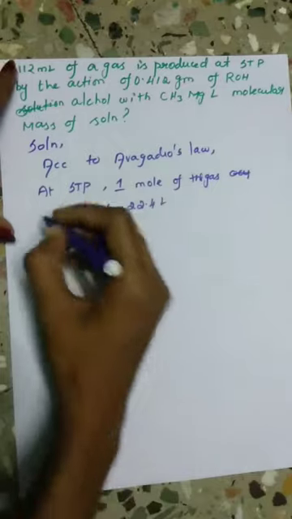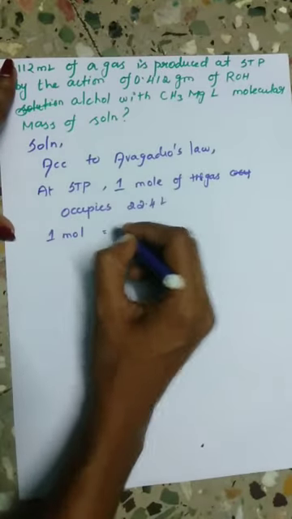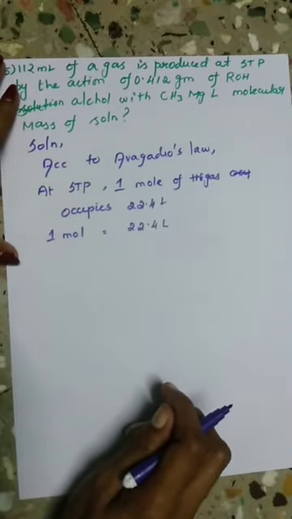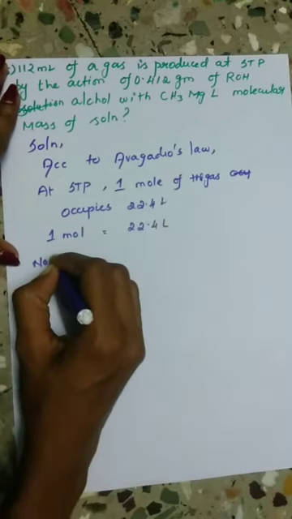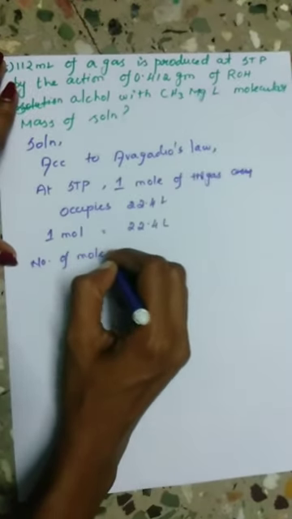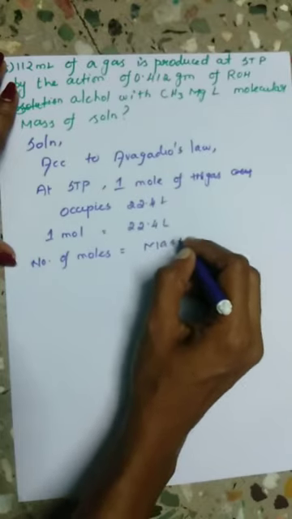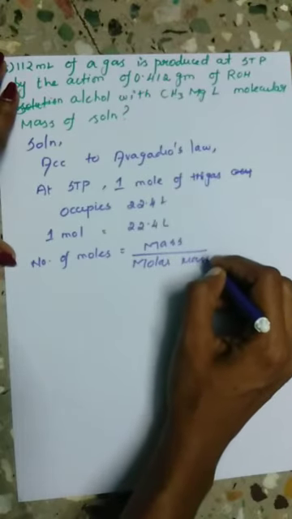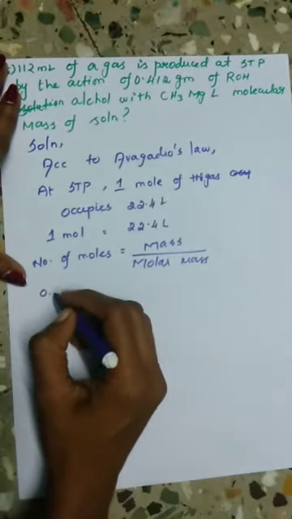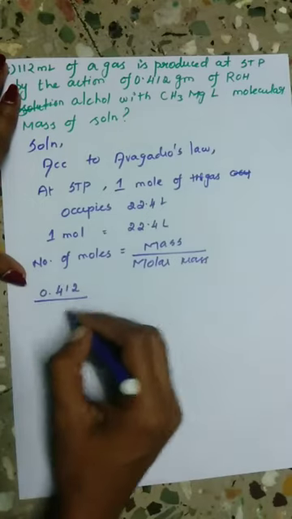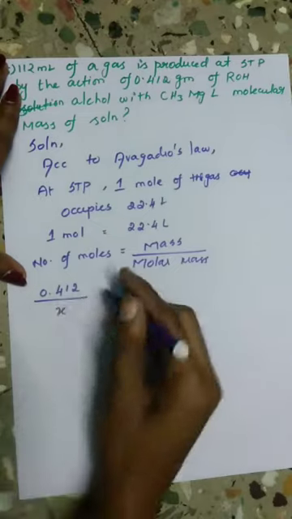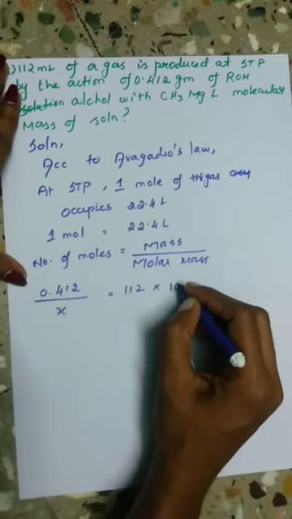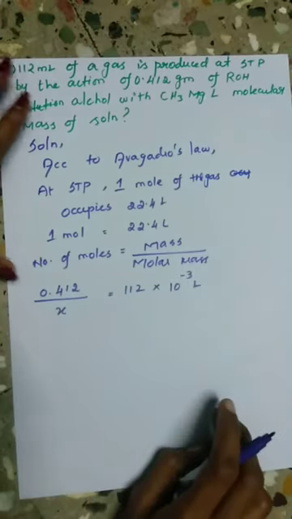So 1 mole is equal to 22.4 liter, and the number of moles is equal to mass upon molar mass, which means 0.412 upon x, where x is the molar mass, is equal to 102 multiply 10 to the power of minus 3 liter.